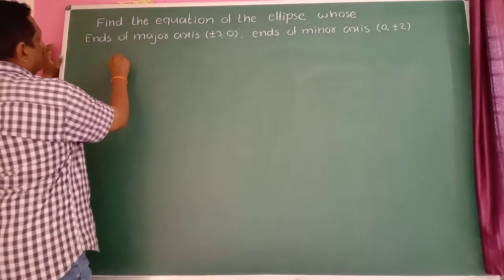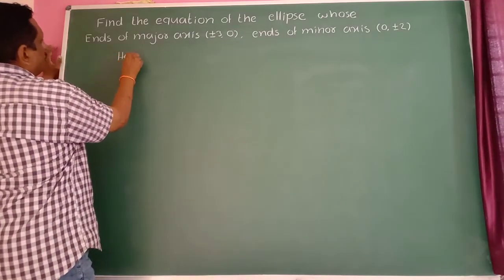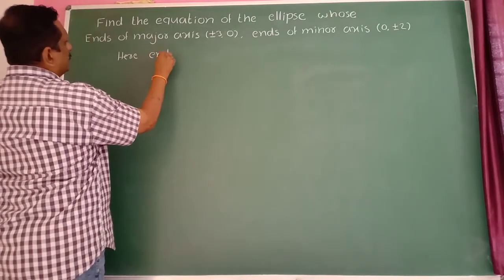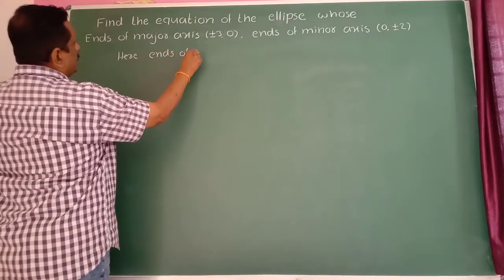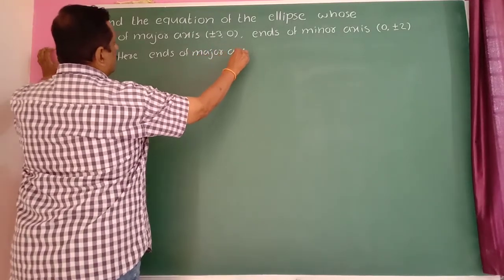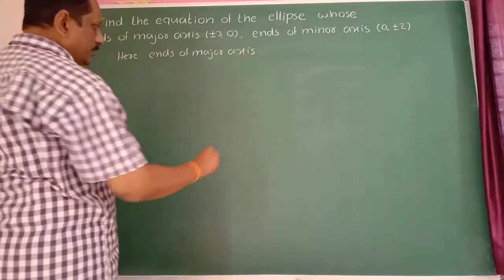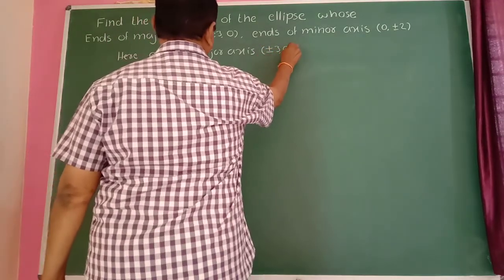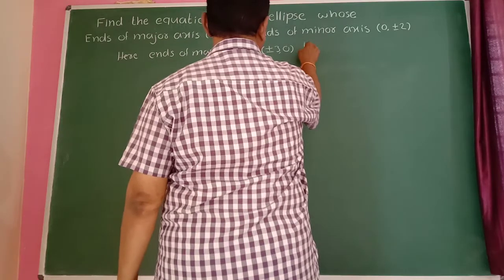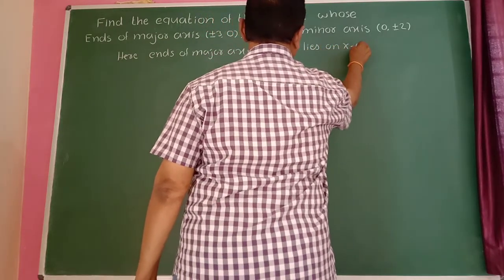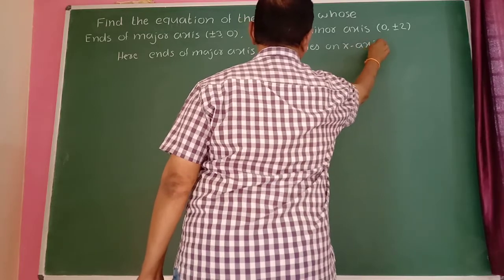Okay. Here ends of the major axis, plus or minus 3, 0, lie on the x axis here.